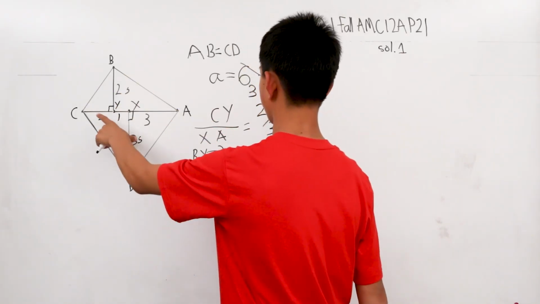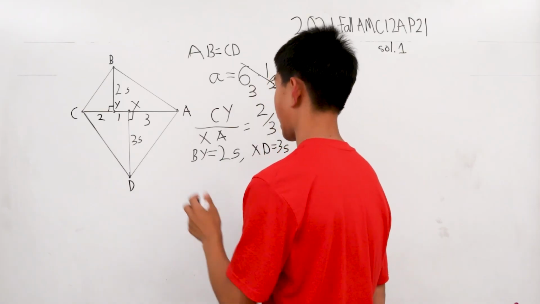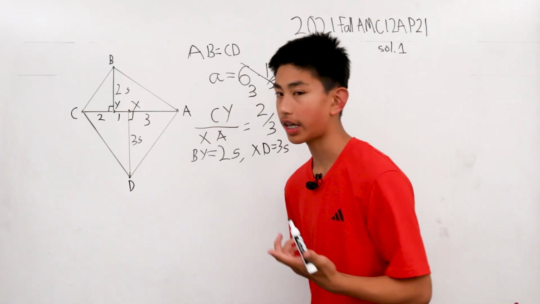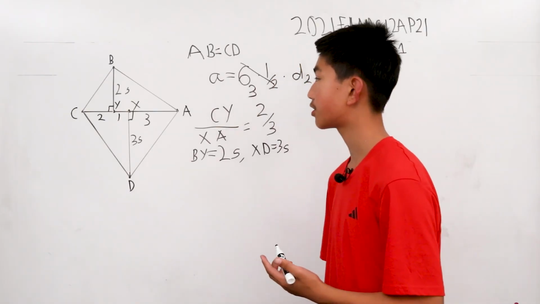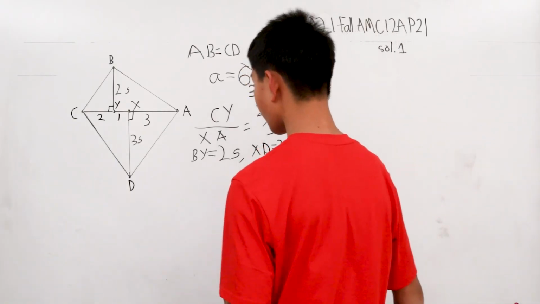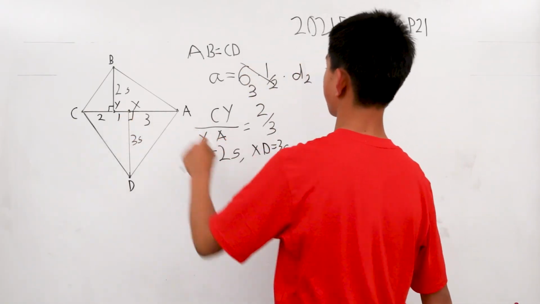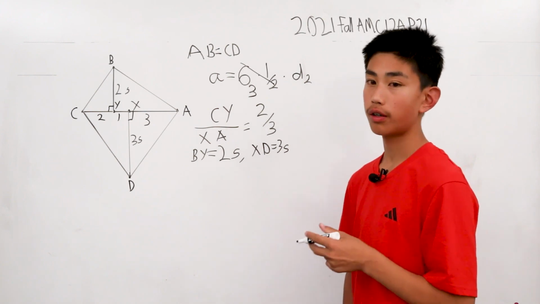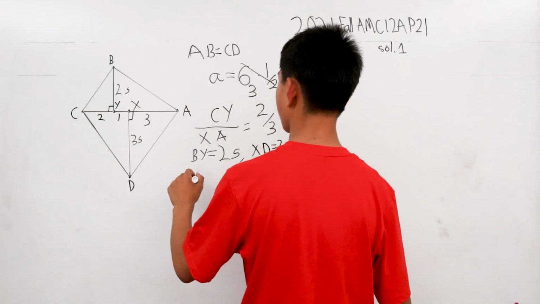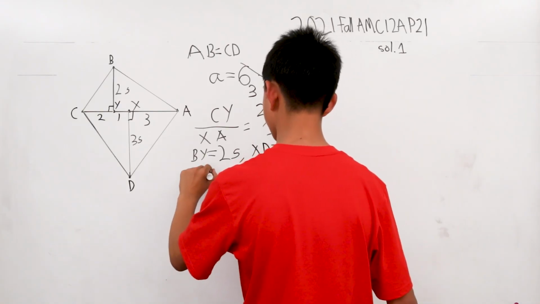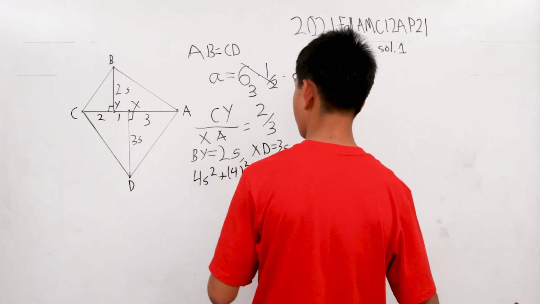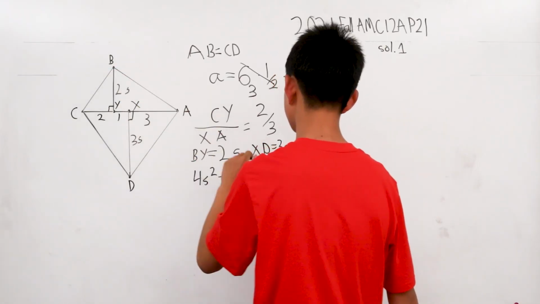And since these are both right triangles, AYB and DXC, we can use Pythagoras' theorem to find the hypotenuse and set them equal to each other to find the value of S. So for this one, the base is going to be 3 plus 1, which is 4, squared, plus 2S squared. So this is 4S squared plus 4 squared. And this is the length for AB.